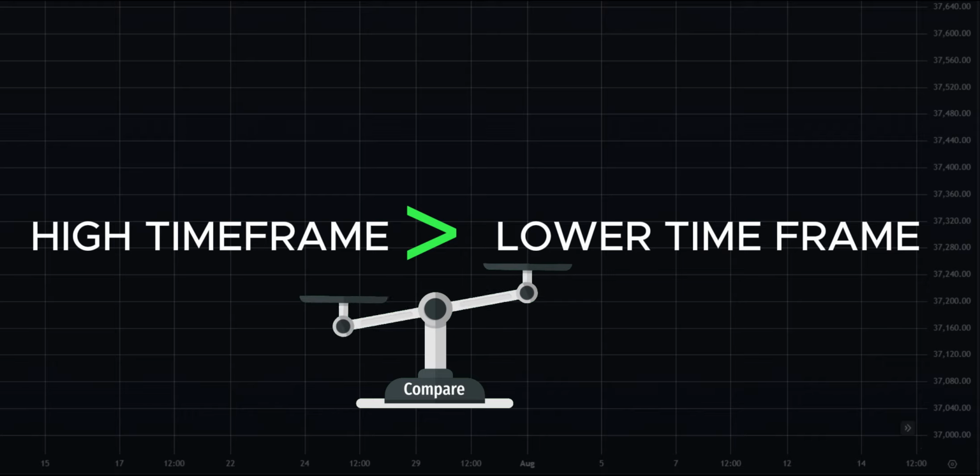However, there are some traders who sometimes trade against the higher time frame, but what is important here is to have a picture of what is happening in the higher time frame. So the higher time frame is always the most important, and you should have a picture of it first before you go down to trade or analyze the lower time frame.